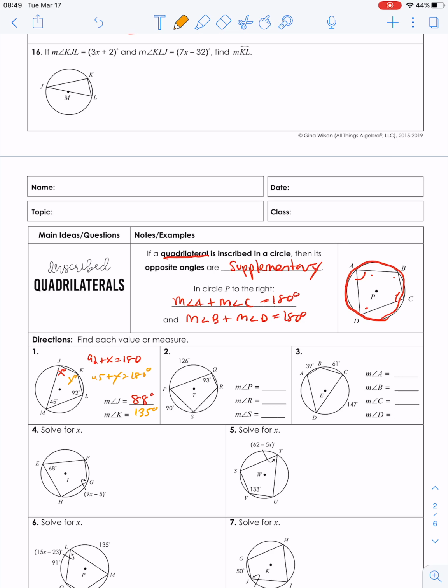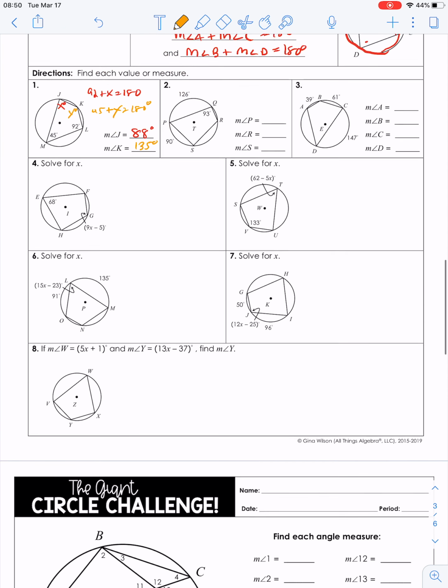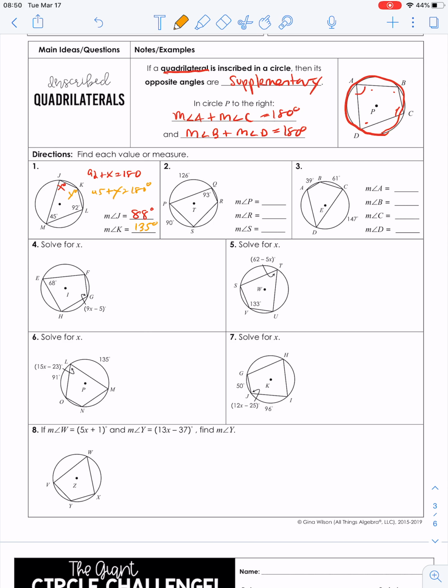Part 3, number 3, is going to be using inscribed angles and what we just learned with inscribed quadrilaterals. So it's telling us arc BC is 61 degrees, arc AB is 39. So we can find lots of information here.